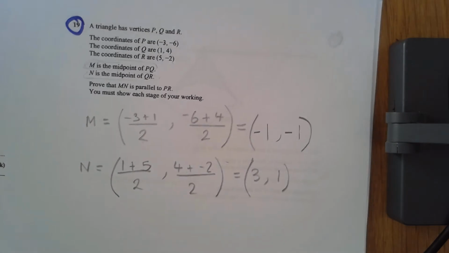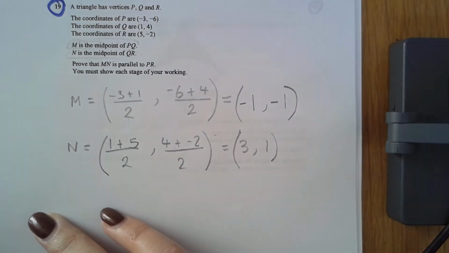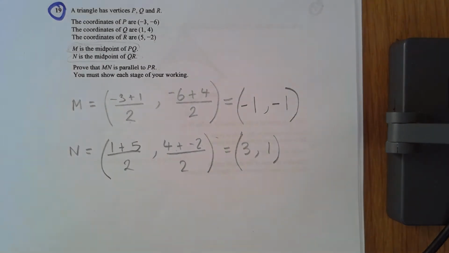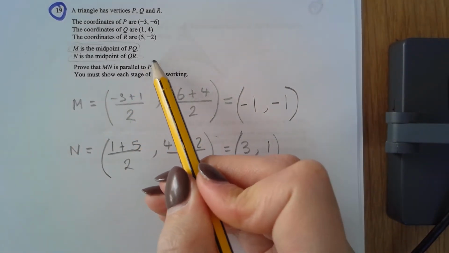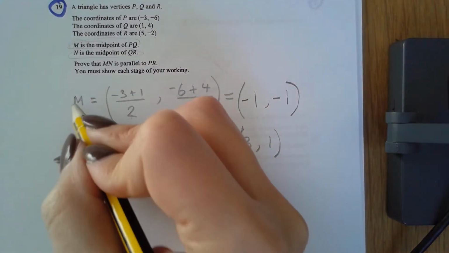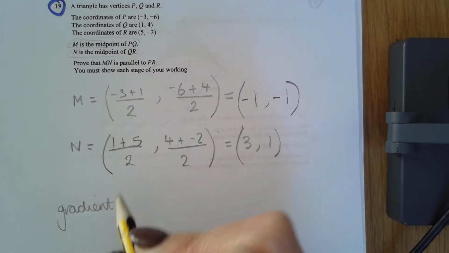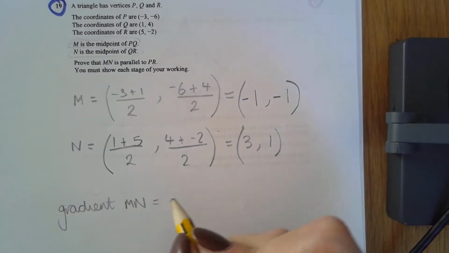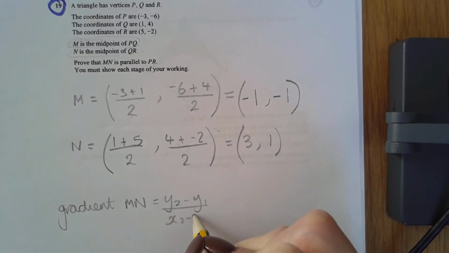So prove that MN is parallel to PR. The way we prove that lines are parallel is we show that they've got the same gradient. So we're going to find the gradient between M and N and the gradient between P and R. So the gradient of MN. Remember, we use y2 take y1 over x2 take x1.